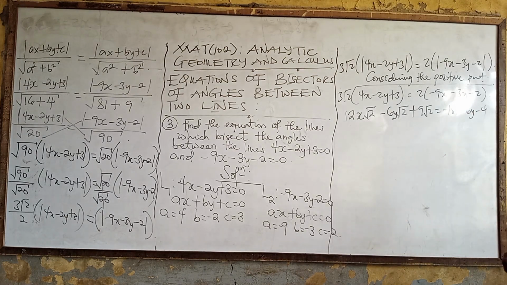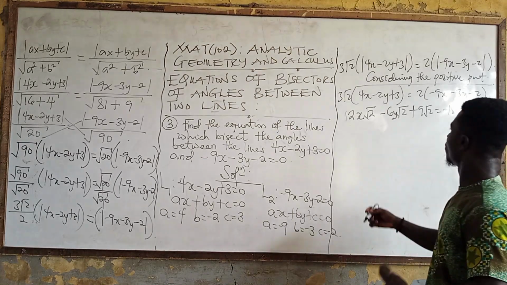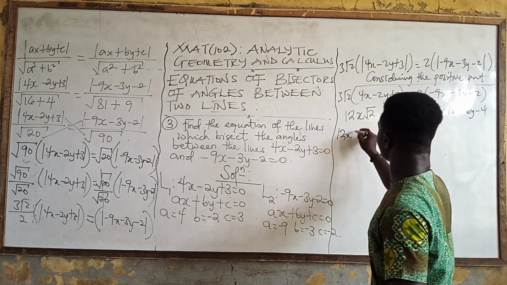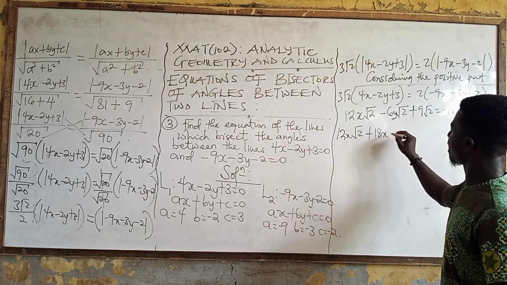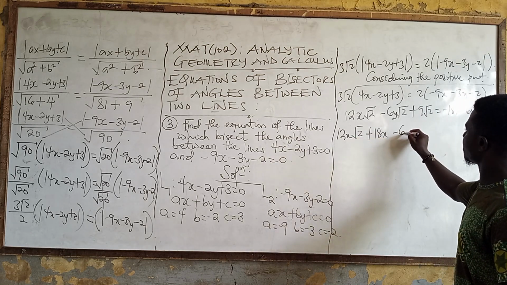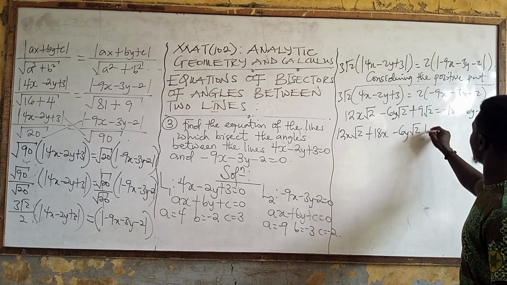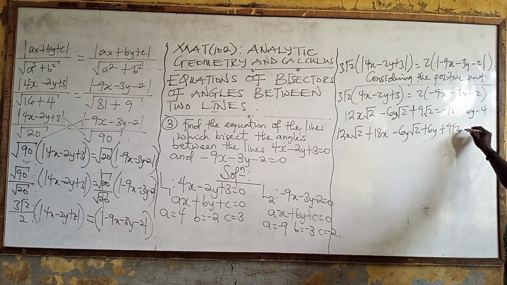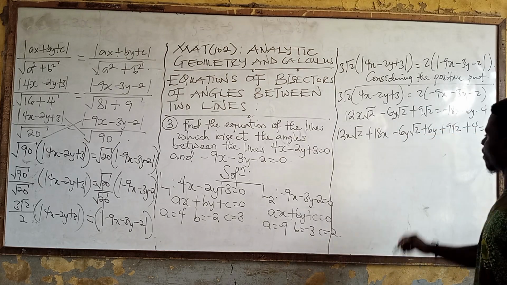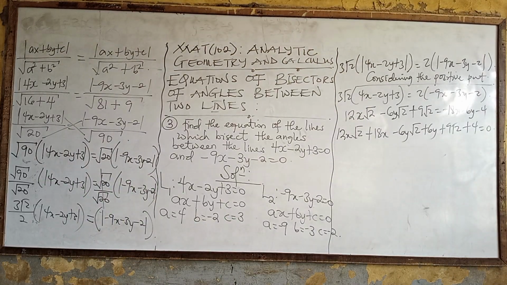Right. So now, all these terms go to the left hand side. So we have our 12x square root of 2, then plus 18x, right? Then minus 6y square root of 2, then plus 6y, then plus 9 root 2, then plus 4 equals 0.